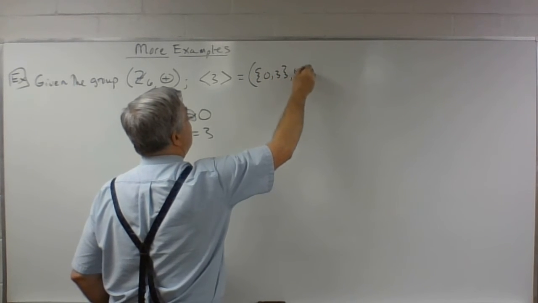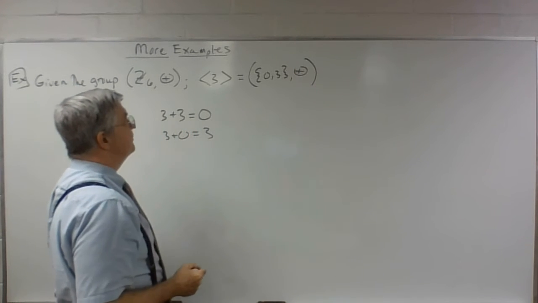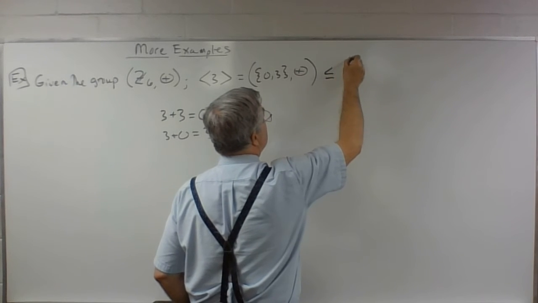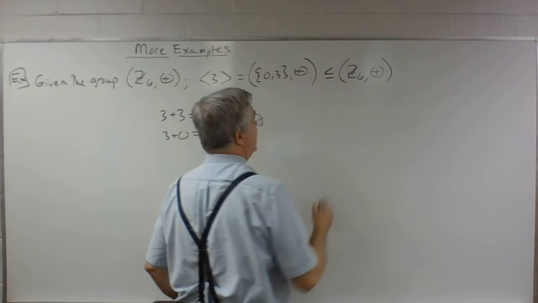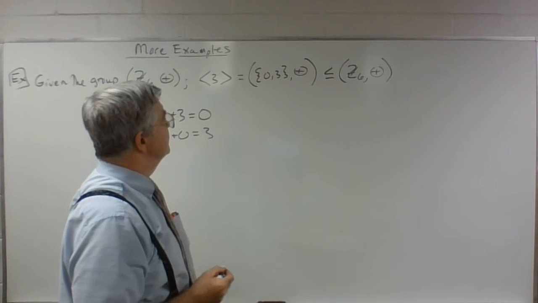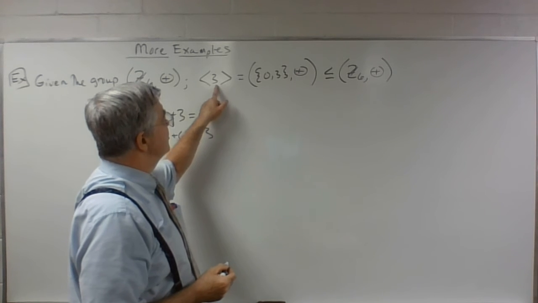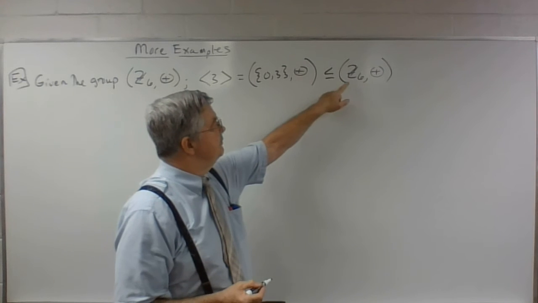And the operation is addition modulo 6. So this is a subgroup of Z6 under the operation of addition modulo 6. The set of elements generated by 3, this is it, forms a subgroup of Z6.